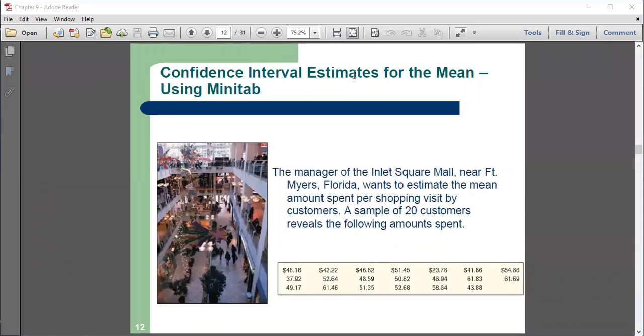So for the confidence interval estimate for the mean using Minitab, we can also use Minitab for this purpose. Minitab is basically a software which estimates statistical tests, like Excel or Stata. In this example, we do not have information for the mean and standard deviation. The sample is given, n is 20.